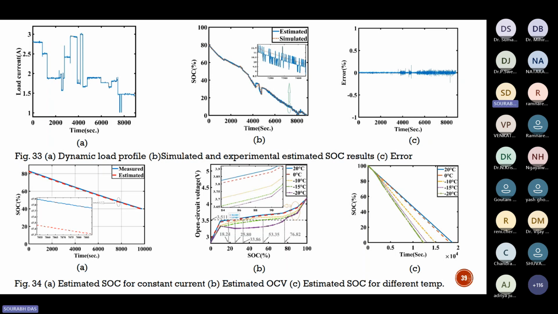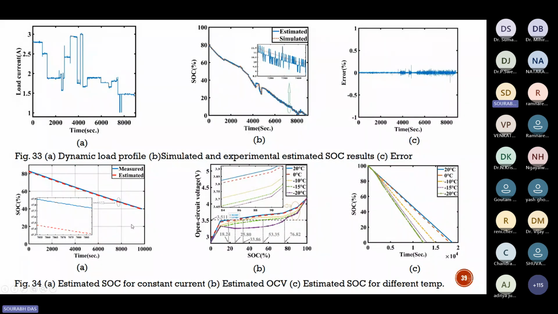This is the estimated SOC, and the simulated SOC has been compared, and we depict the error of that estimation. Then 34 is the estimated SOC for constant current. If we do it using constant current, then this type of estimated SOC we can get.